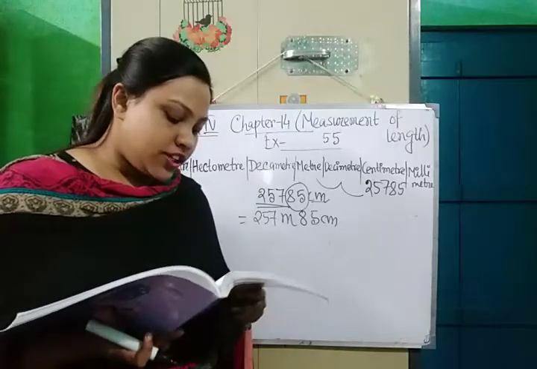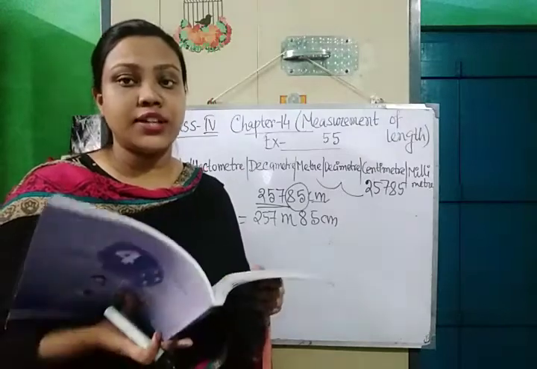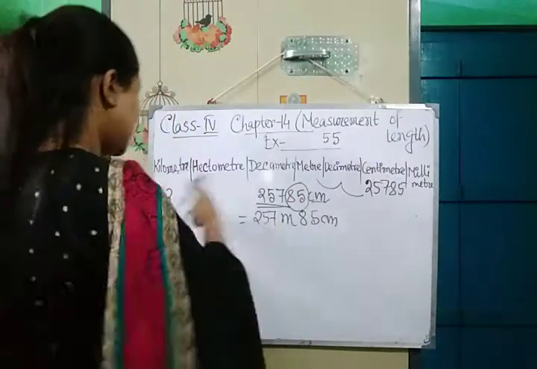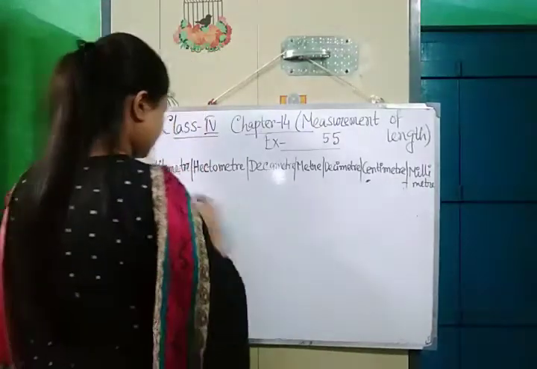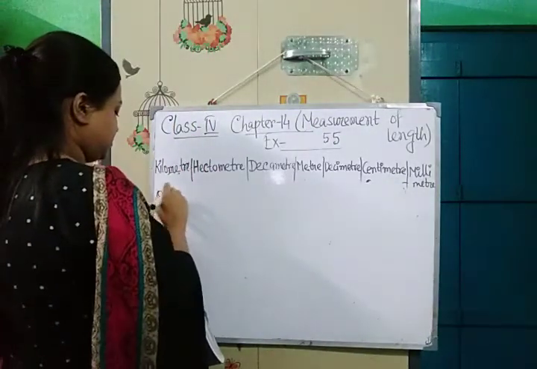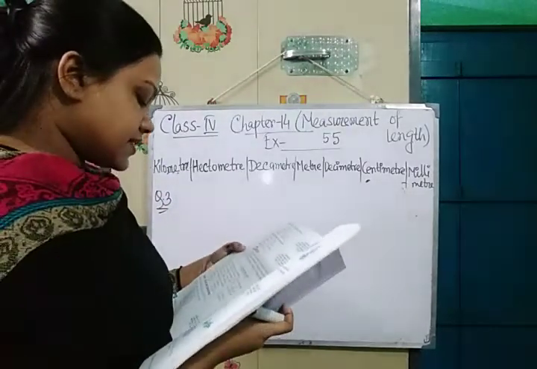Next, convert the following into kilometers. The units are given in meter. We have to convert it to kilometer, in question number 3. First one is 6000 meter.